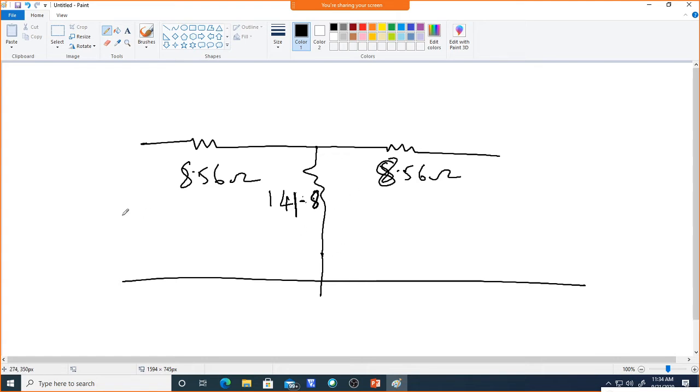This is the input side, Zin, and this is the output side, and this is port 2 and this is port 1.